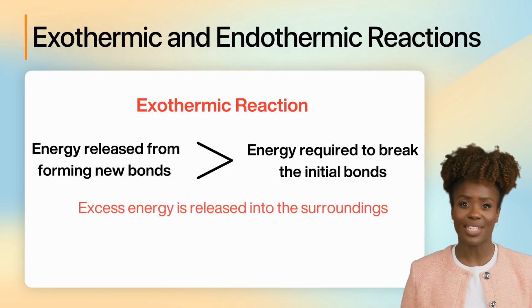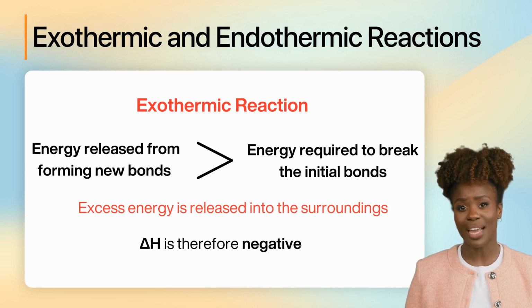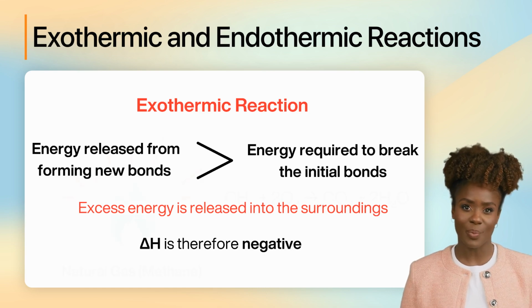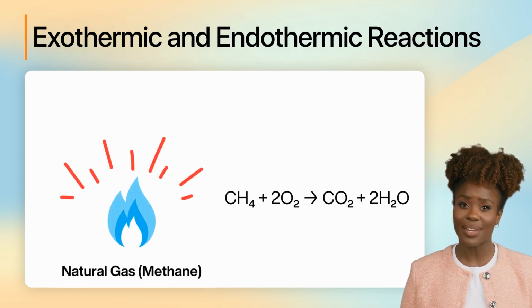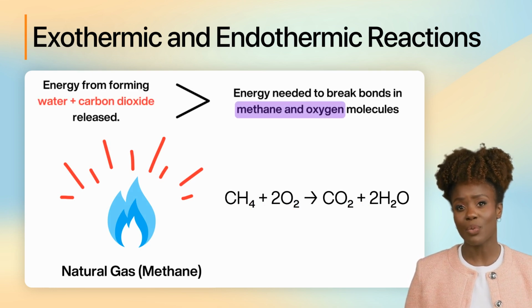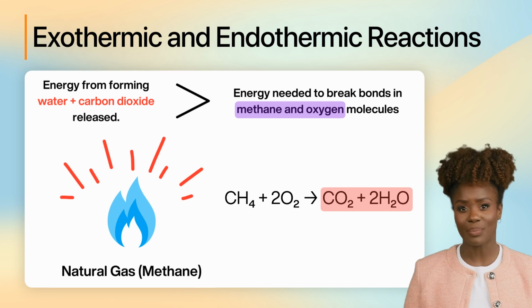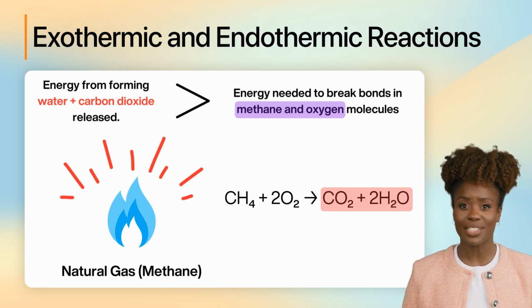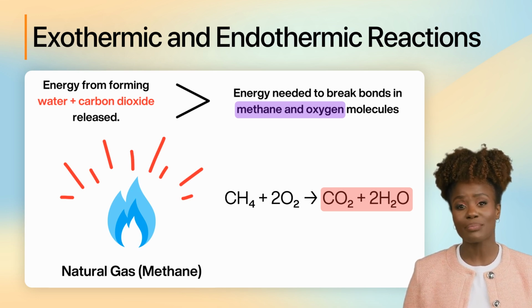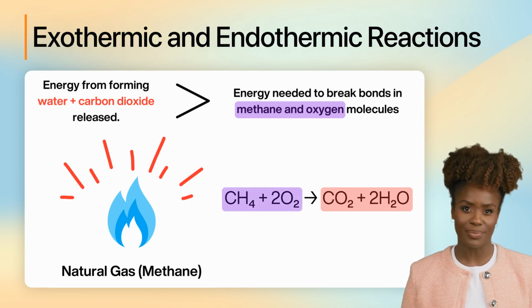This excess energy is released into the surroundings, making delta H, what we call the change in enthalpy, negative. For example, when natural gas, methane burns, the energy released from the formation of water and carbon dioxide molecules is greater than the energy needed to break the bonds in methane and oxygen molecules.